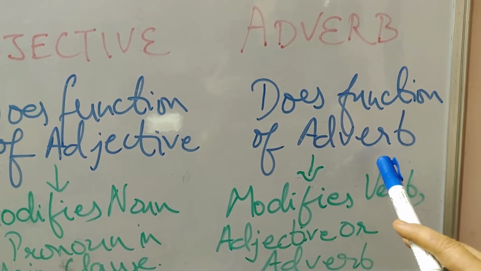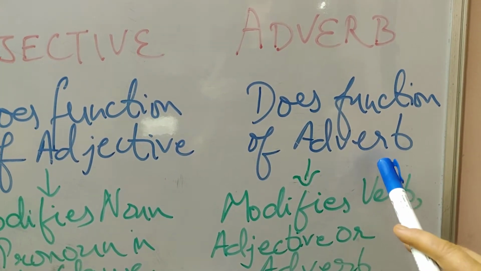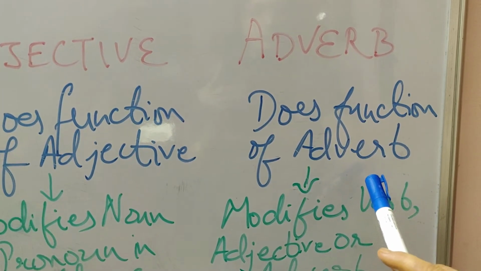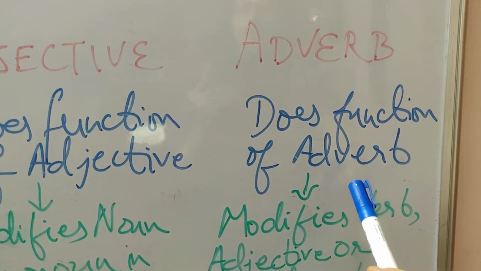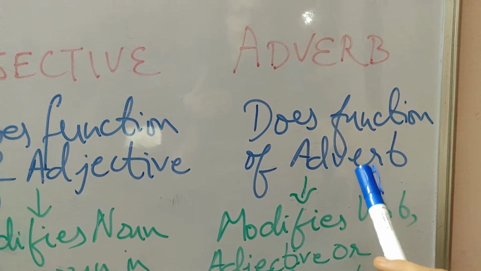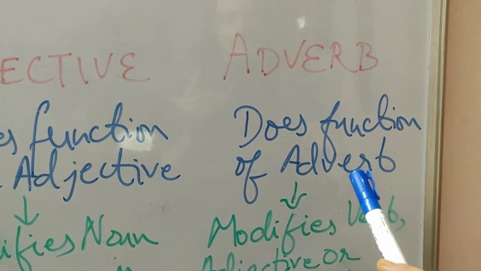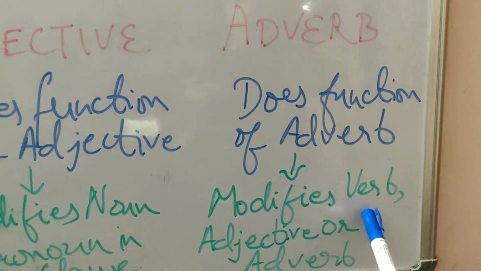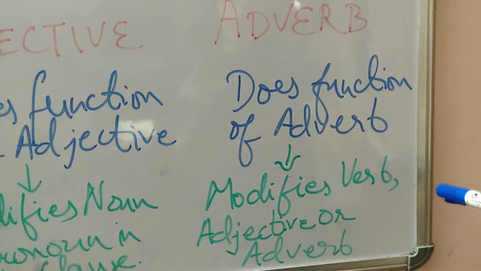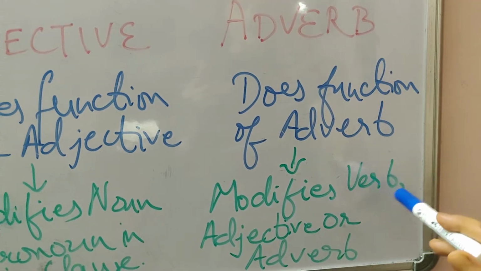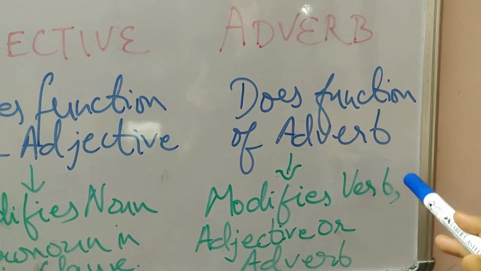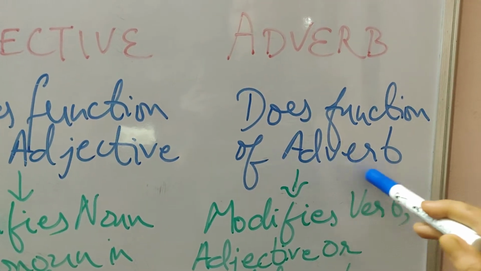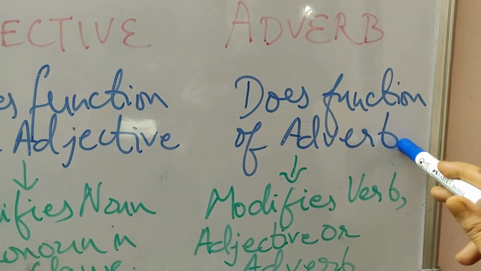We can say, she is good at dancing, which is her hobby. So dancing is the verb which is being modified by which is her hobby. That dancing is her hobby. So which is her hobby will become the adverb clause in this sentence.